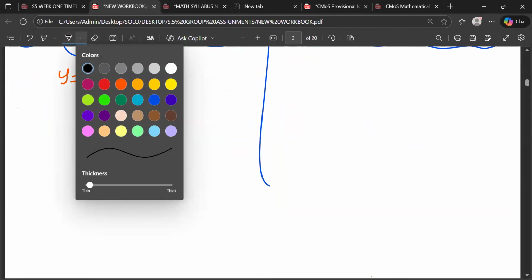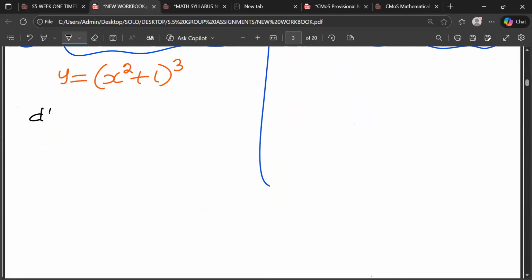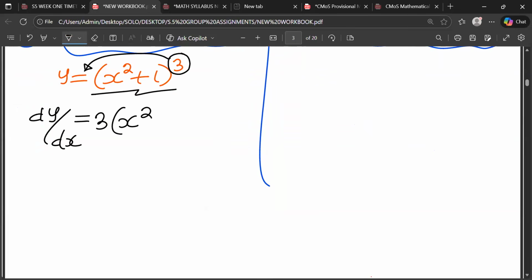She has said that as we are getting dy dx, first things first, drop this power. So you say 3. Then bring back this bracket, which is x squared plus 1, but bring it back with the reduced power, which is a 2. Then differentiate what is inside the bracket.